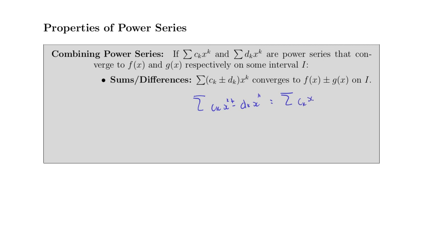There we go. As this sum plus or minus this second sum. That might seem pretty obvious, but wonky things can happen when you deal with infinite series, so we do need to be careful about stating all these properties correctly.